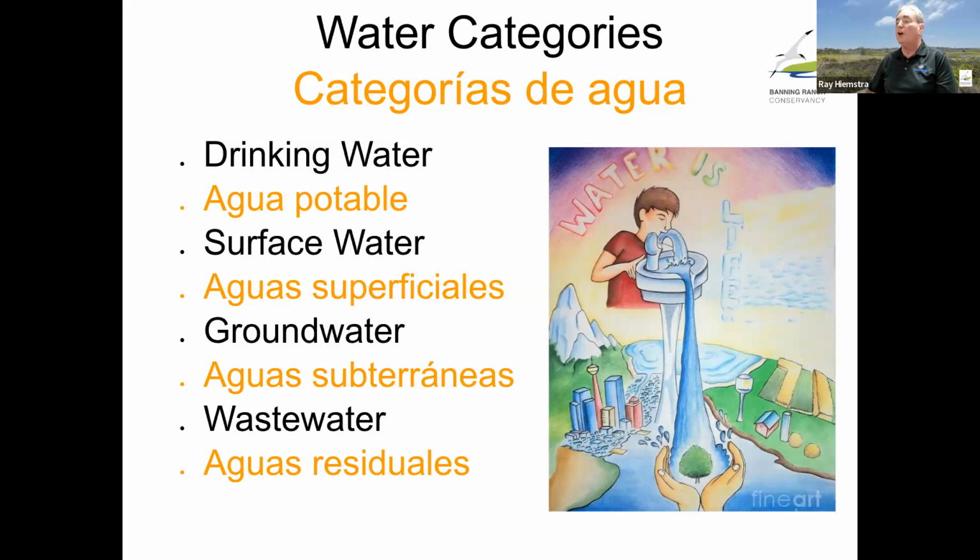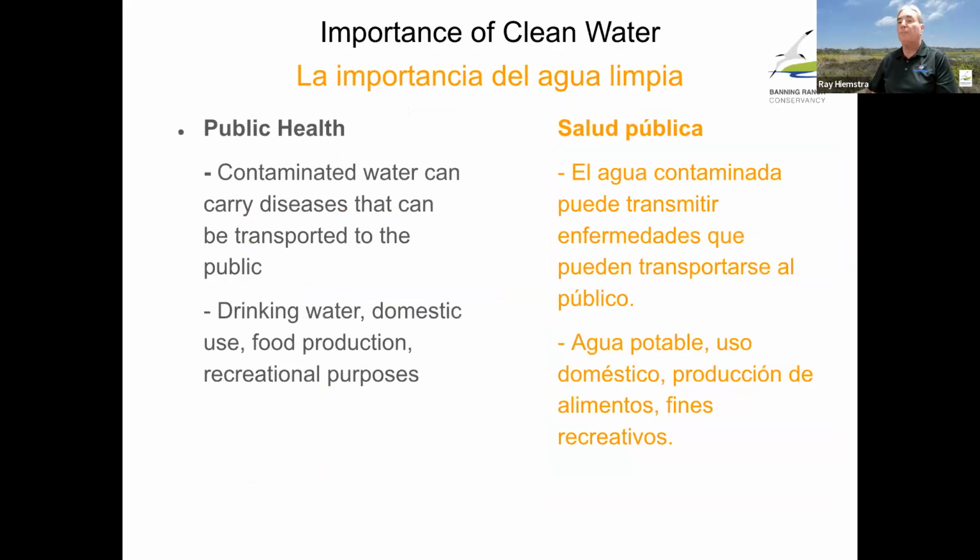And that's a super important resource also. And then wastewater, which is basically our sewage water. So all of these are big, expensive issues with lots of people working on them. And that's because water is so critically important to us.